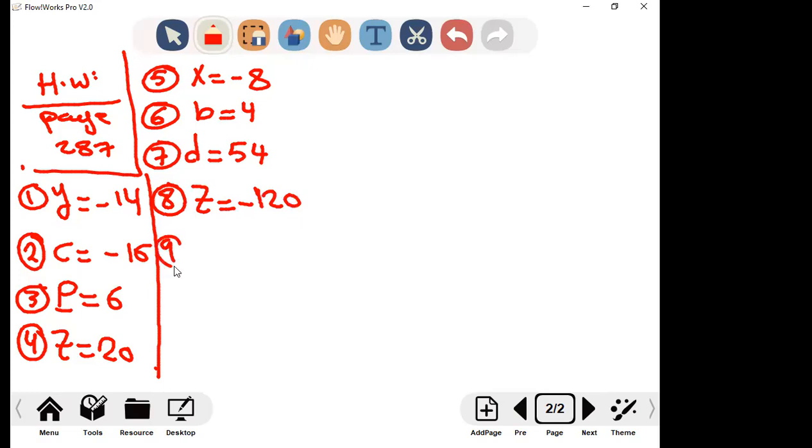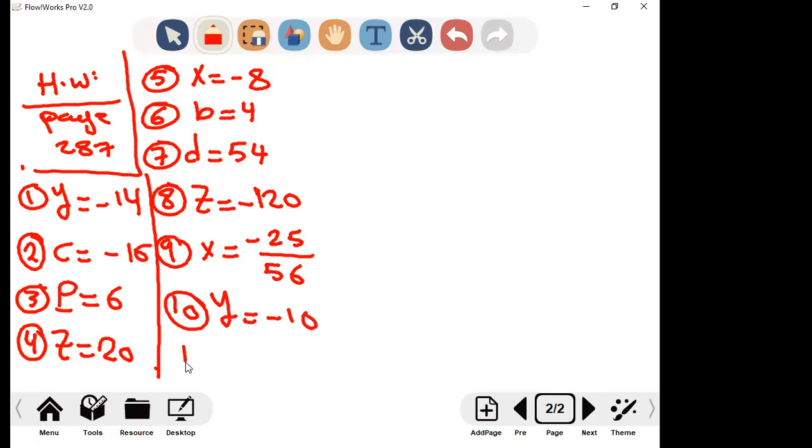Question 9, x equal -25 over 56. Question 10, y equal -10. Question 11, b equal -30.